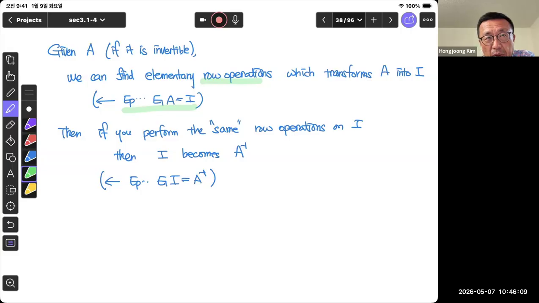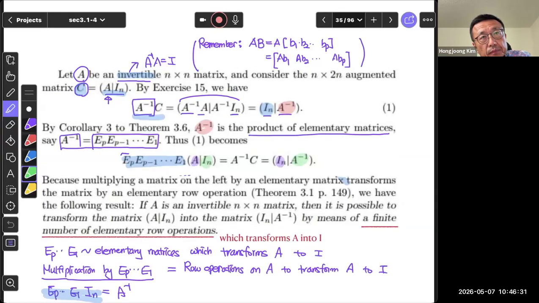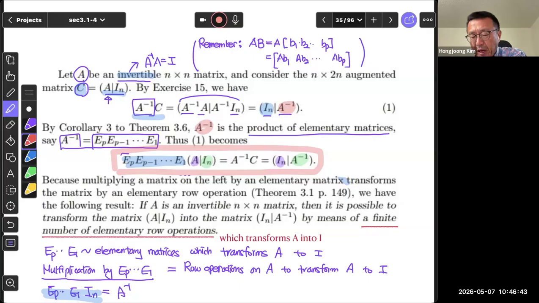If I perform the same elementary row operations on the identity matrix, your identity matrix becomes the inverse of A matrix. That is the meaning of this statement. Now, that is the case when A is an invertible matrix.